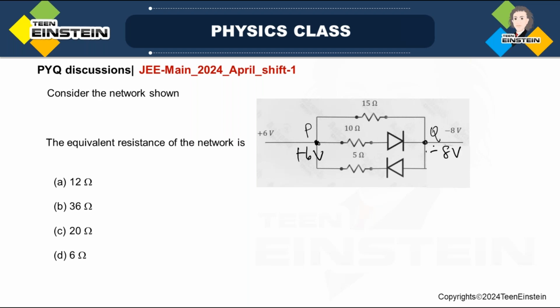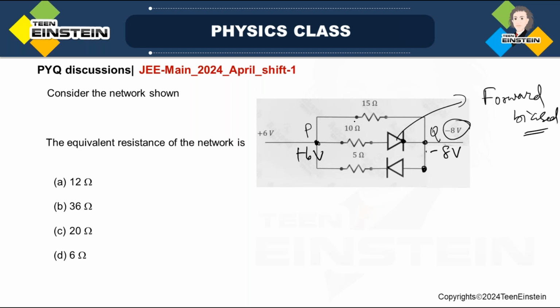That means this diode will be forward biased, and this will be reverse biased. This P terminal is given lower potential, and here the negative potential is more than the positive potential, so this is forward biased.